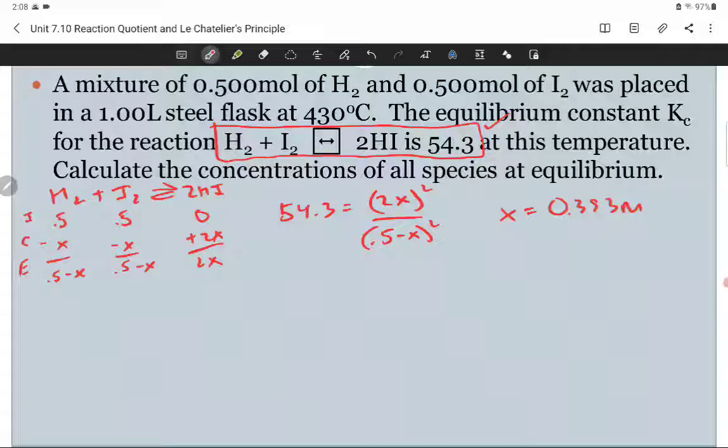And I did a little bit of rounding, but that's pretty close to the answer there, 0.393. Does that have a significant effect on 0.5? It does. So the concentrations at equilibrium for those two are 0.5 minus 0.393.